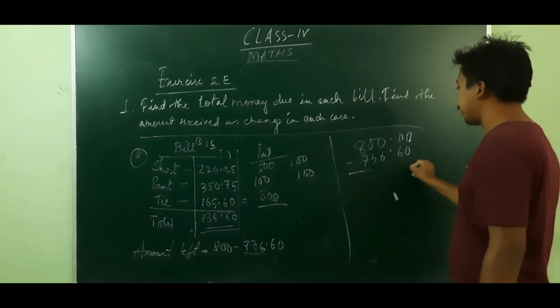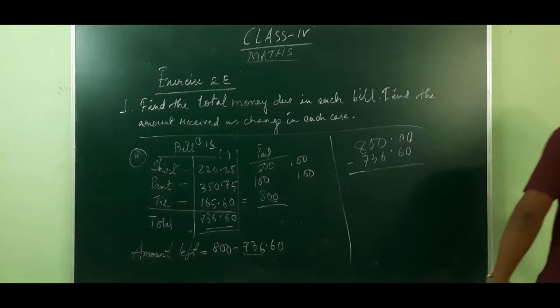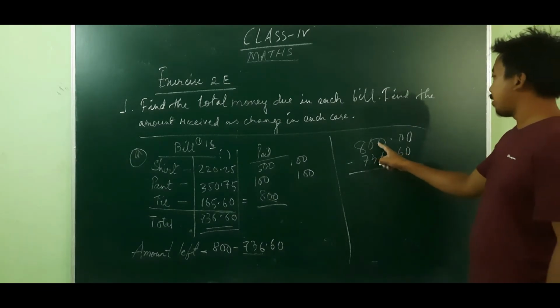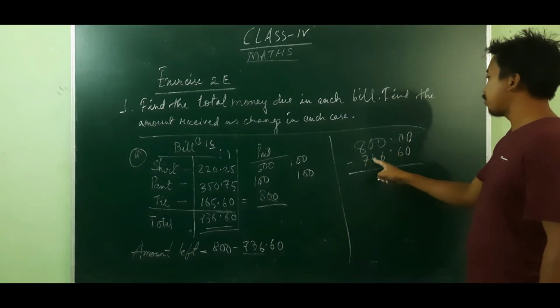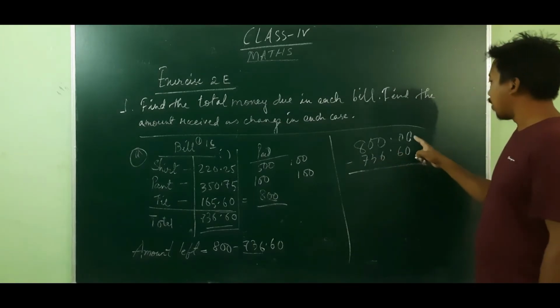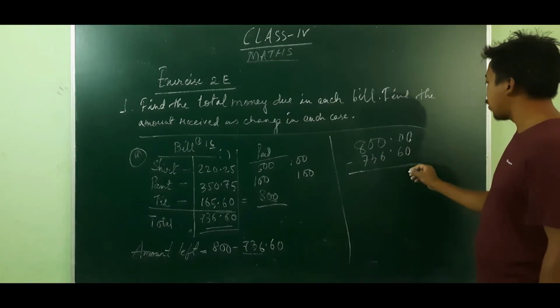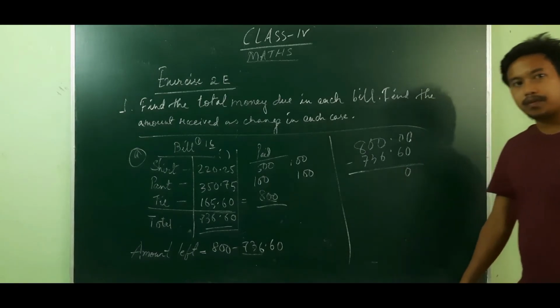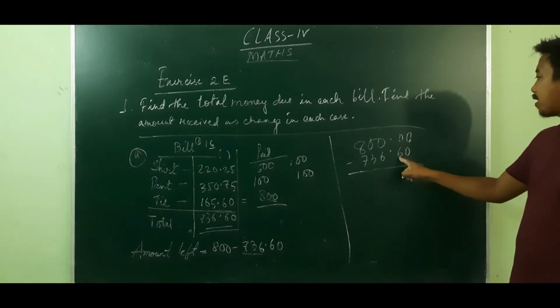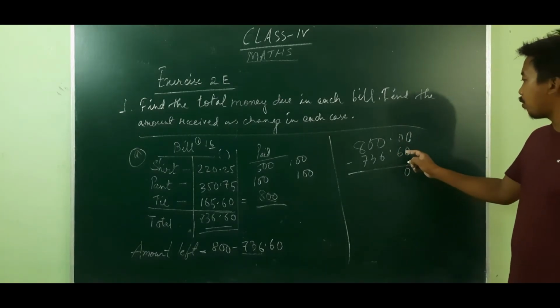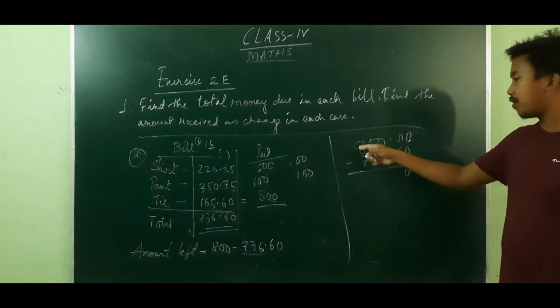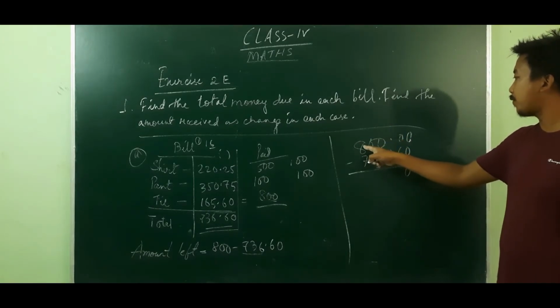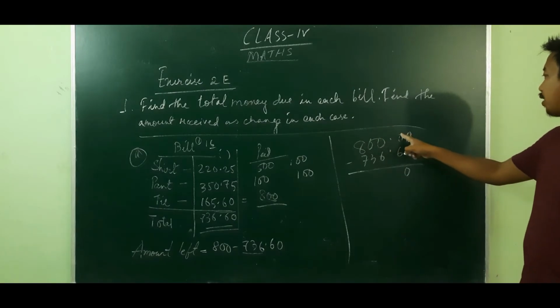Now 800.00 minus 736.60. From 0, if you minus 0, the answer is always 0. Now from 0 we cannot minus 6. So we'll borrow 1 from the 8 here. First of all, I cannot borrow directly from 8 to here.